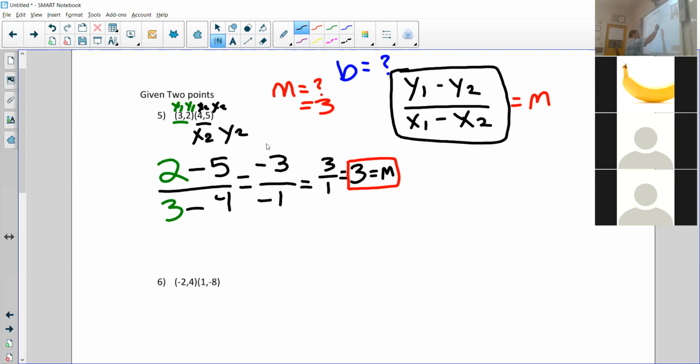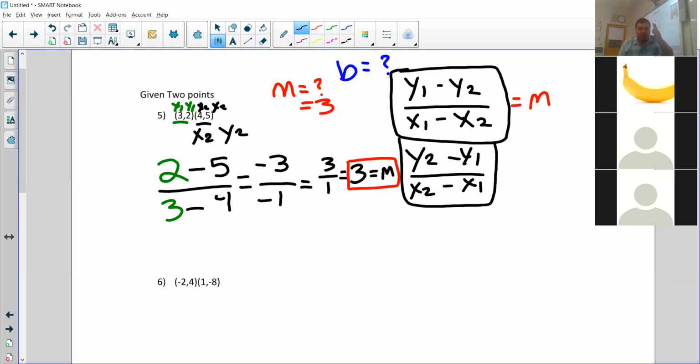This equation and this equation, they're the same thing. It's just different ways to write the same equation. I don't care which one of the two you remember, but this is what you need to know. If y2's here, x2 should be here. If y1 is here, x1 should be here. You see how they match vertically? That's the important part.